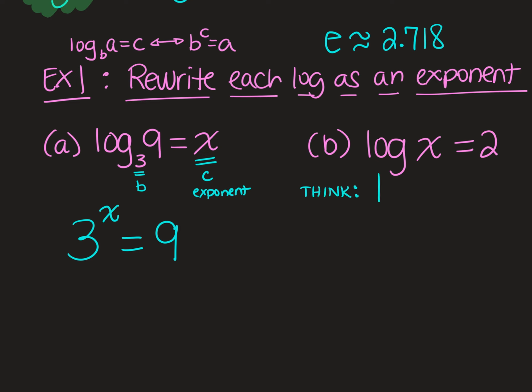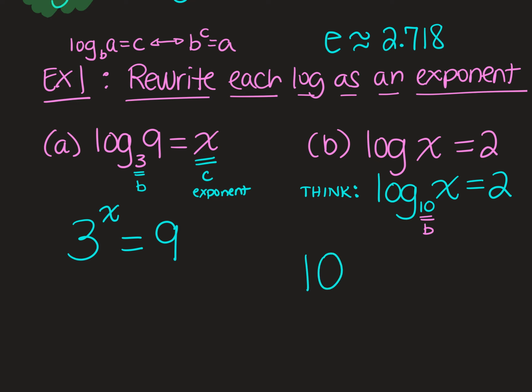So this is the same thing as saying log base 10 of x equals 2. And I think it's important that you think about what this common logarithm means before you try to rewrite it. Because the first thing you have to know is what's the base of your exponent. And that comes from the base of your logarithm. So the base of my logarithm is 10. That means that's going to be what the base of my exponent is. So it's 10.